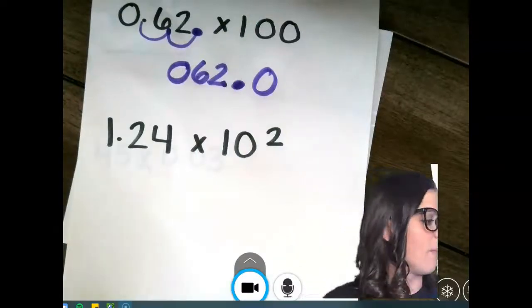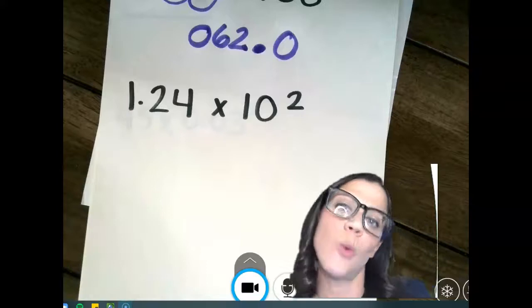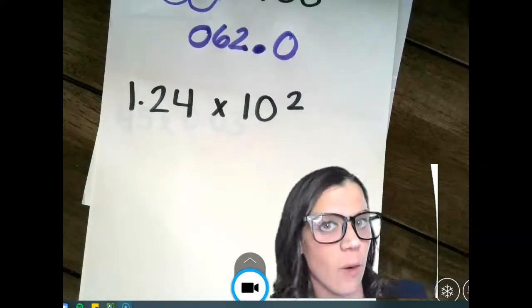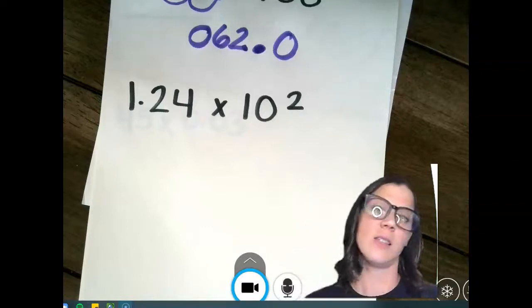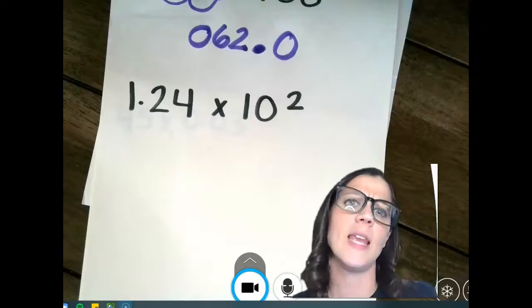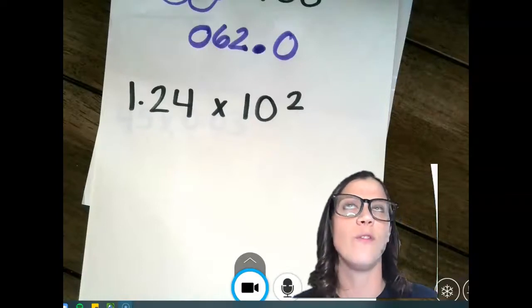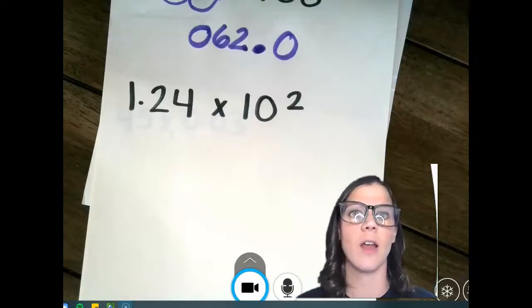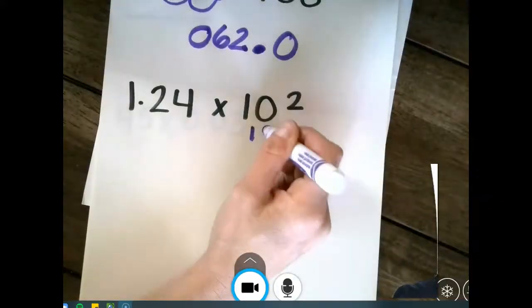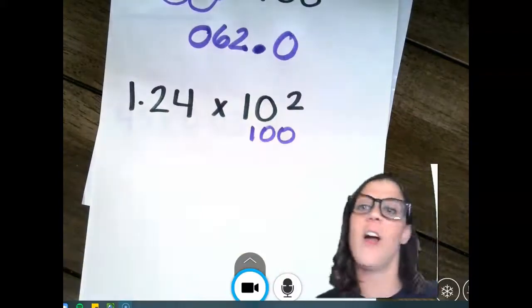Let's look at our next problem. We have 1 and 24 hundredths times 10 to the second power. So I'm looking at my 10 to the second power, and I need to decide how many zeros would be in that number. So if it's to the second power, that would mean there are 2 zeros. So this actually means 100.